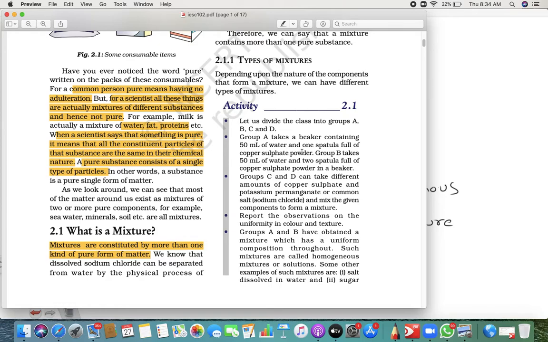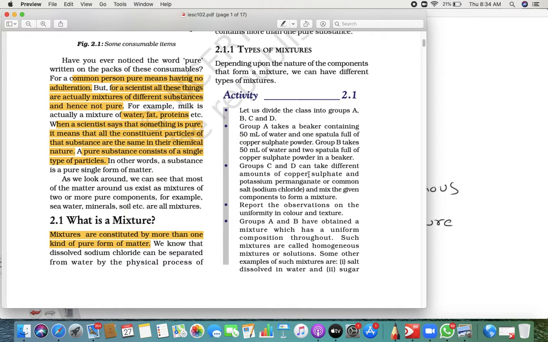We call it a beaker, right? Now we take 4 beakers containing 50 ml of water each. In one beaker we add one spatula, meaning spoon, of copper sulfate powder, right?